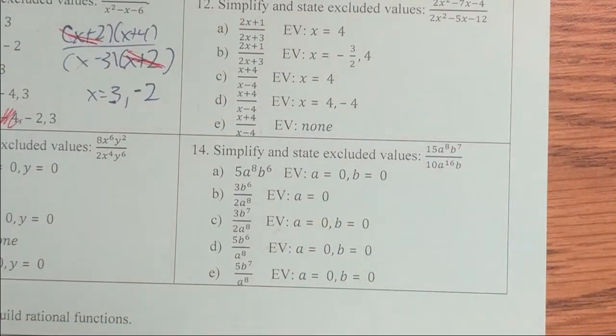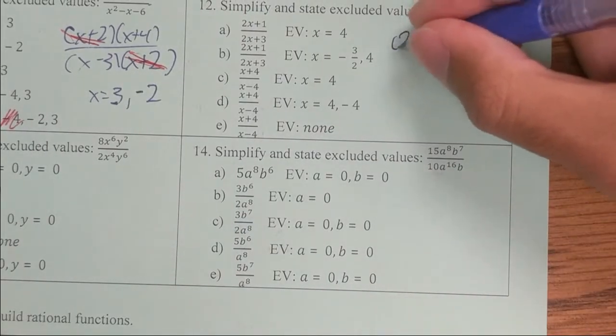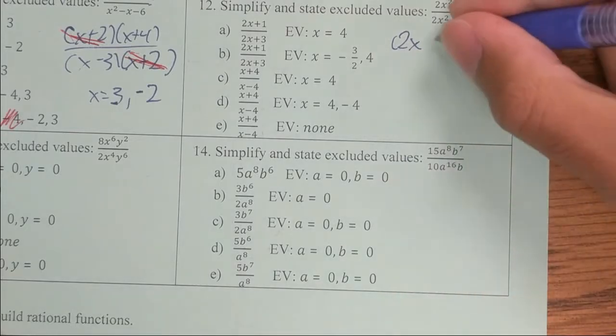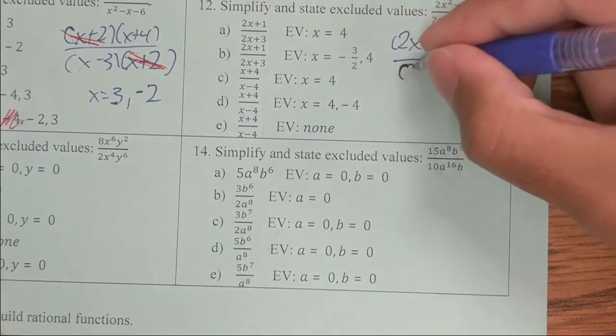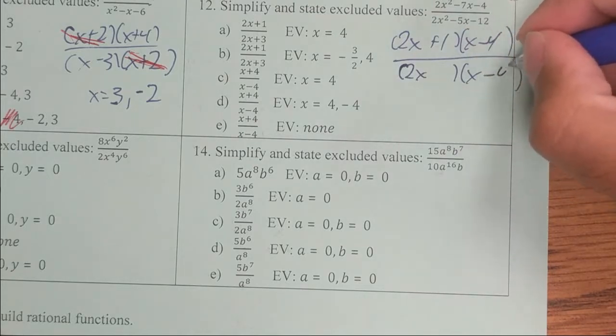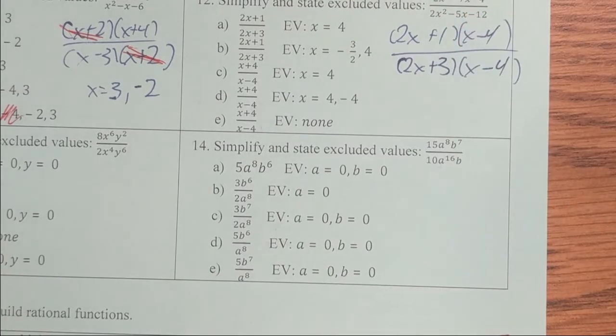Okay, so again, we got a factor. Let's see, we got 2x and x, and then minus 4 plus 1. And in the denominator, let's see, minus 4 plus 3 should work.